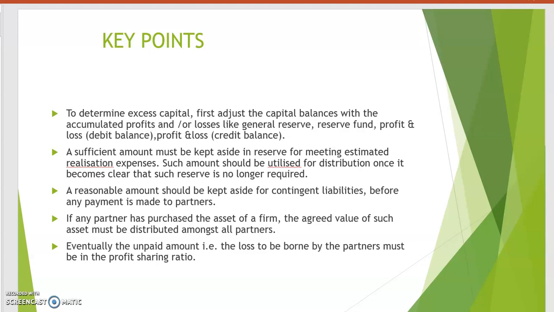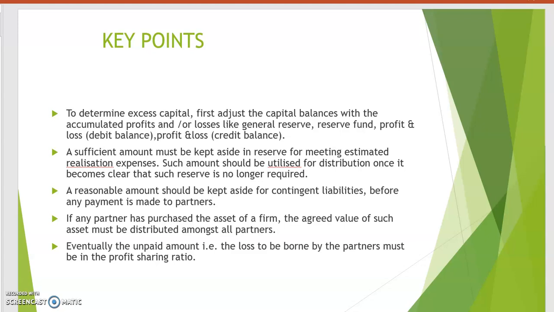Means if any realization expenses, other reserves or other liabilities have to be paid first, they should be kept aside. A reasonable amount should be kept aside for contingent liability before any payment is made to partners, which should be reduced from your cash balance. If any partner has purchased an asset of the firm, the agreed value of such asset must be distributed among all partners.